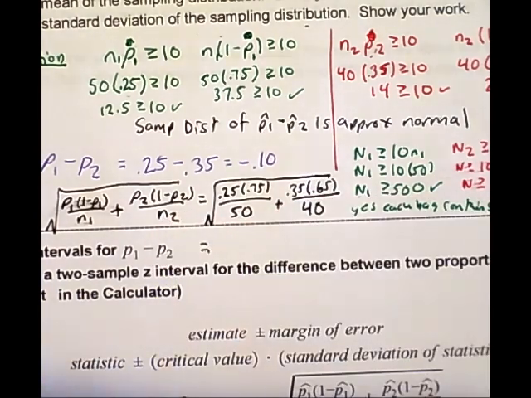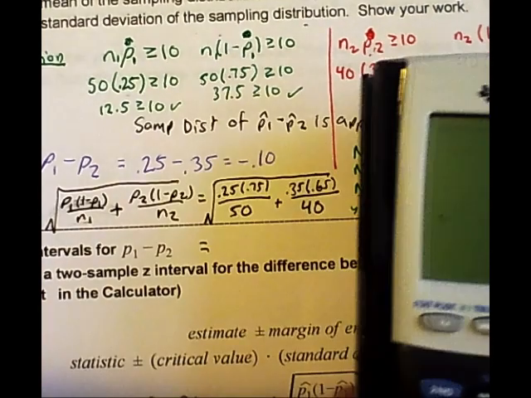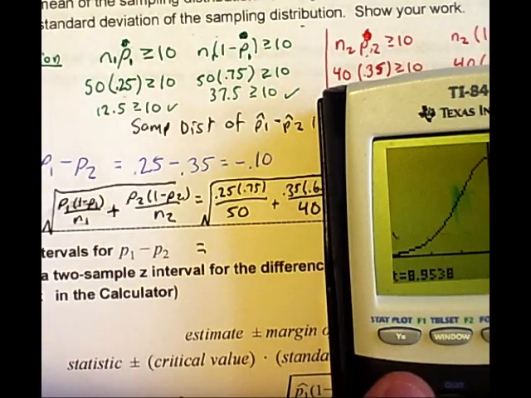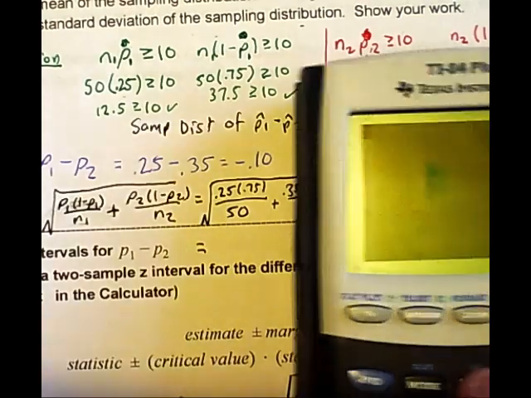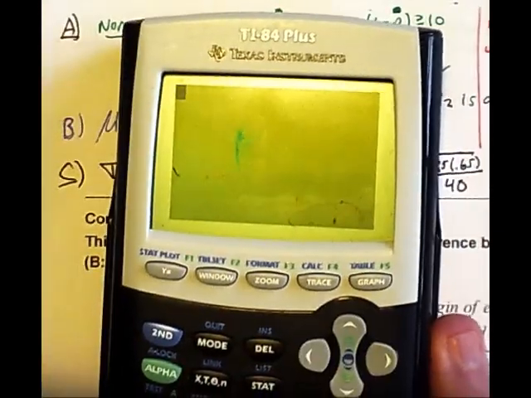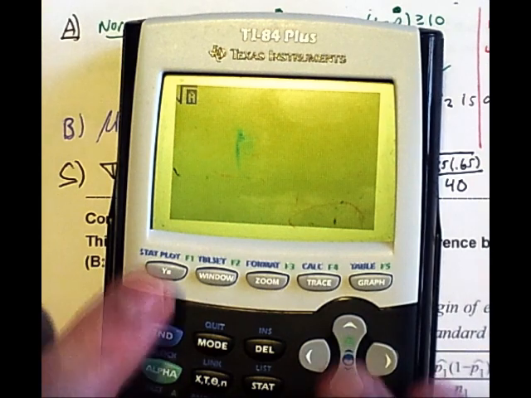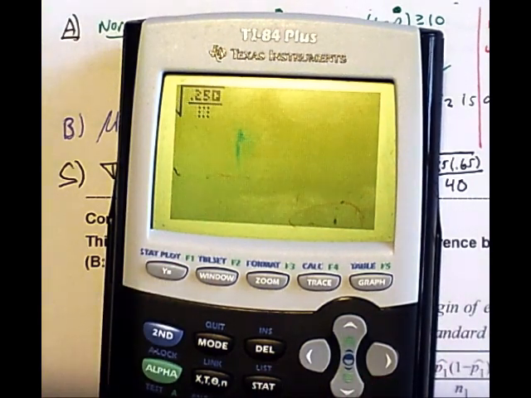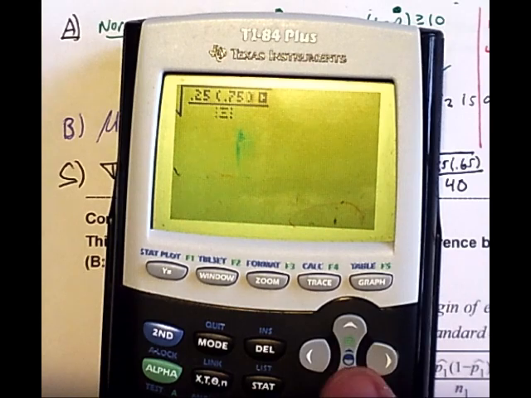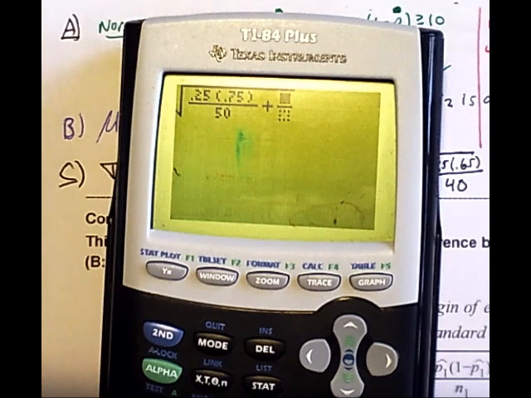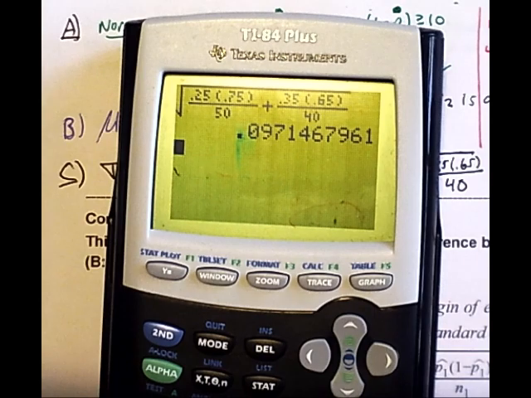All right, so we can do that in one step in our calculator. It would look something like this. Put a big square root, fraction, 0.25 times 0.75 over 50, plus another fraction, 0.35 times 0.65 over 40, and enter. 0.097.